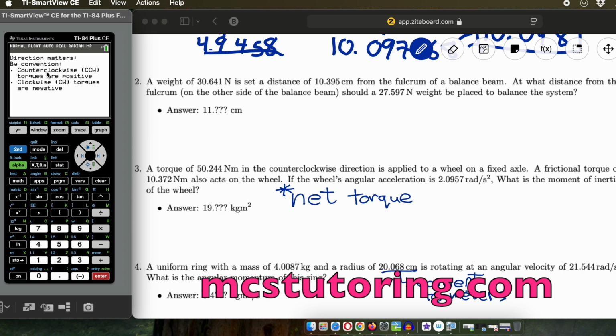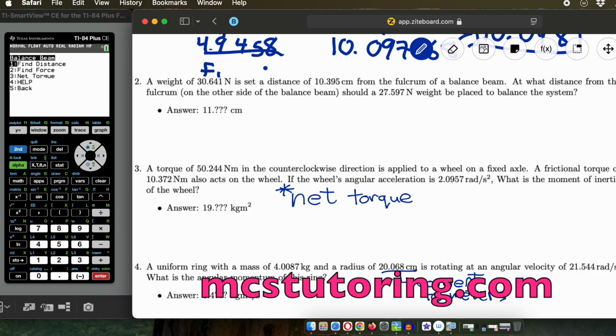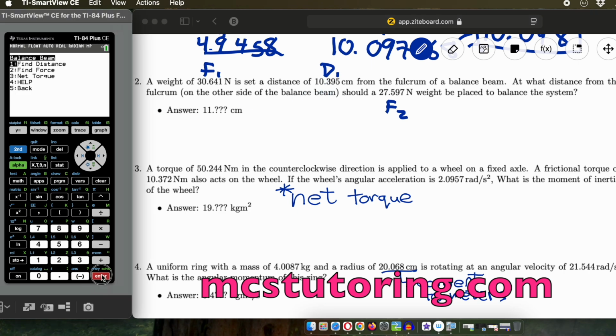Clockwise and counterclockwise aren't going to be that important for this one. Here we've got force 1, distance 1, that 10.395 from the fulcrum, and this is going to be F2. Now, if distance 1 is in centimeters, the final distance would be in centimeters. Otherwise, you have to convert everything to meters, so be careful about that. We're trying to find the distance.